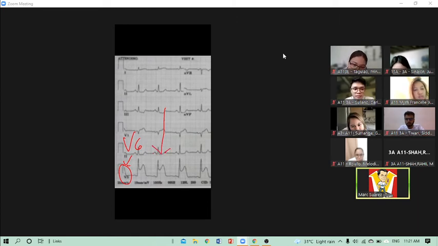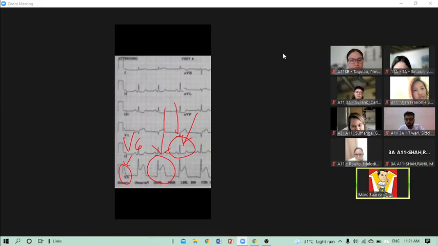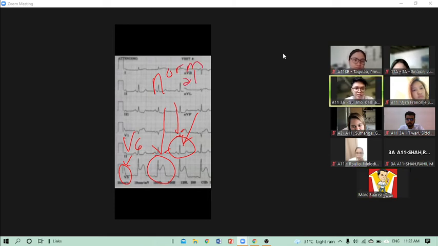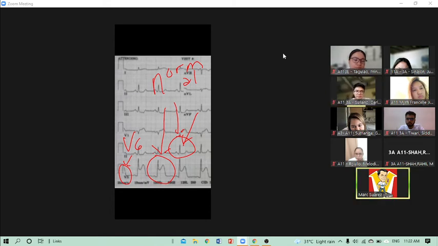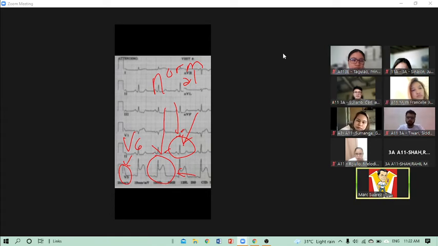When you compare it with lead 2, that's the elevation, Doc. Very good. Lead 2 appears normal. Isoelectric, Doc. Oh, okay. This one is not normal, right? Do you understand? Does everyone get it? Why is this not normal?